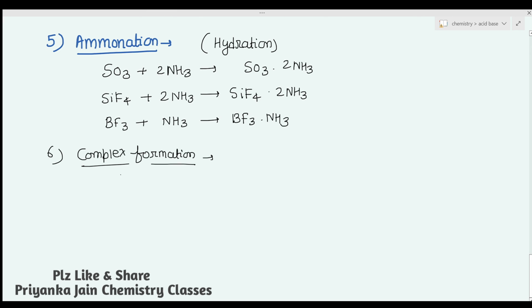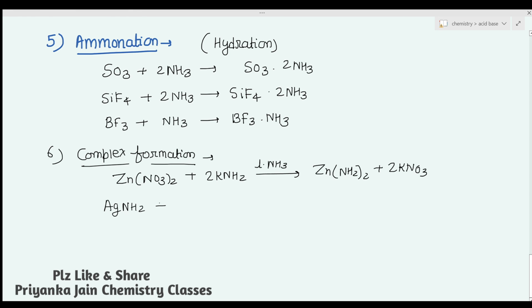See here, Zn(NO3)2 is reacting with 2KNH2 in liquid NH3, and it is forming K2[Zn(NH2)4] plus 2KNO3. Similarly, AgNH2 can react with KNH2 in liquid NH3 and it is forming K[Ag(NH2)2].